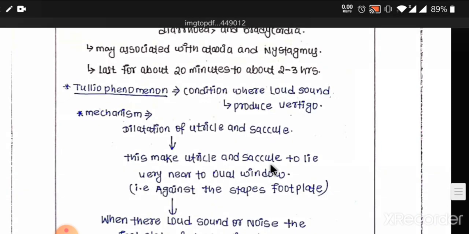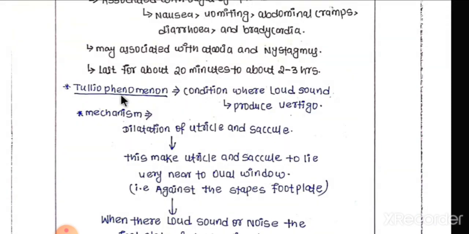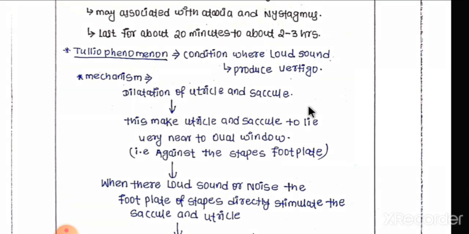Let's discuss one of the phenomena which is generally asked in the internal examination: the condition where a loud sound produces vertigo. This is called the Tullio phenomenon. Mechanism of Tullio phenomenon: this generally occurs in Meniere's disease.